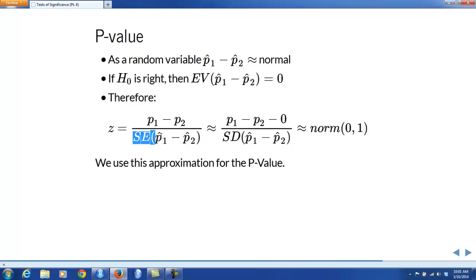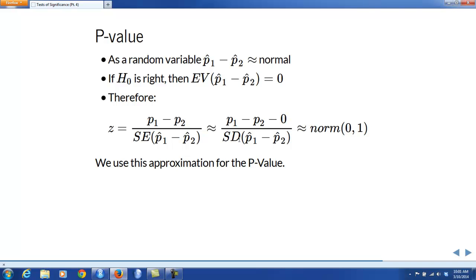Now, the denominator of Z is the standard error for P1 hat minus P2 hat. At large sample sizes, the standard error should be a pretty good approximation for what it tries to estimate, namely the standard deviation of P1 hat minus P2 hat. Therefore, the fraction that makes up Z should be approximately this fraction here. In this fraction, what you're doing is taking P1 hat minus P2 hat, subtracting off its expected value if the null is right, and dividing by the standard error.